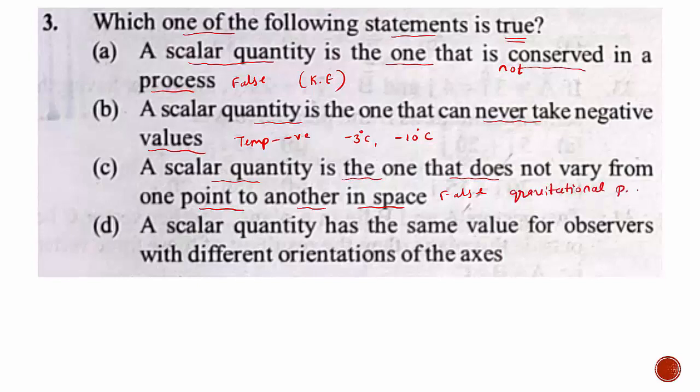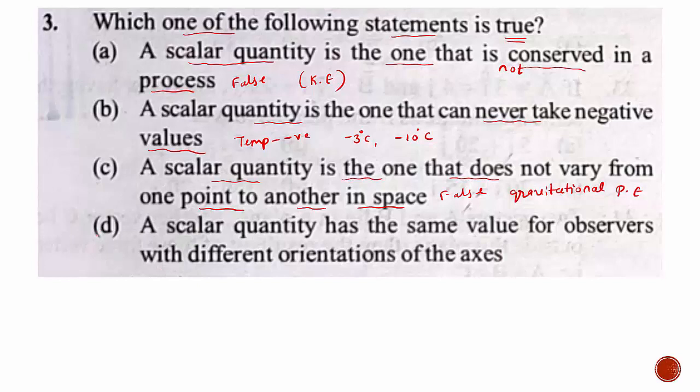Gravitational potential energy is a scalar quantity and its value changes from one point to another point in space. So this is also a false statement.